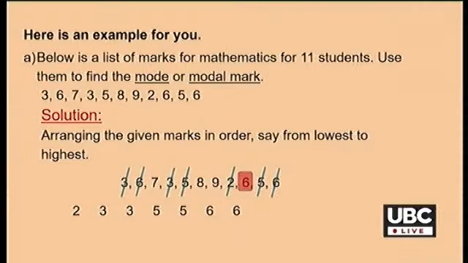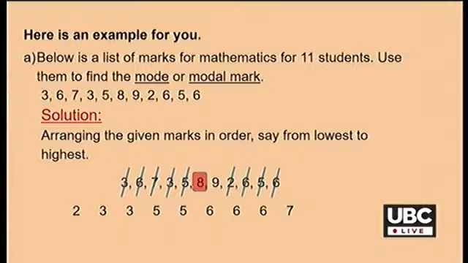I hope we are following. Let's go to the next number. We are writing our numbers from the lowest to the highest. So after 6, we are going to look at the next number. It's 7. So we write 7 once because it appears once in our data.